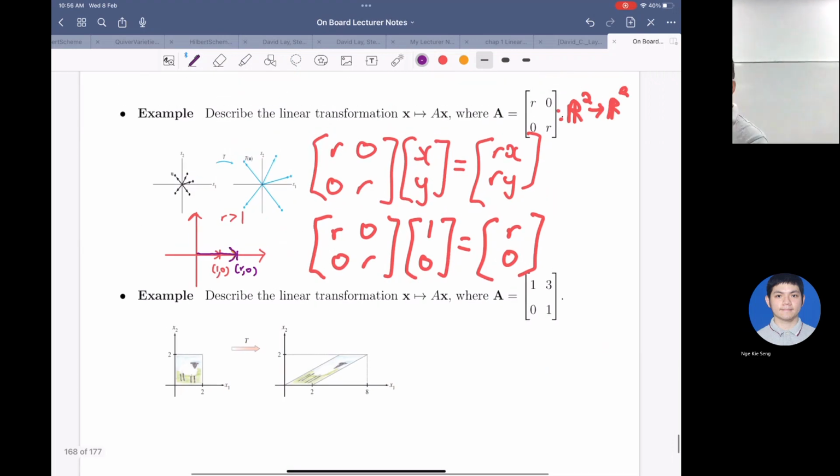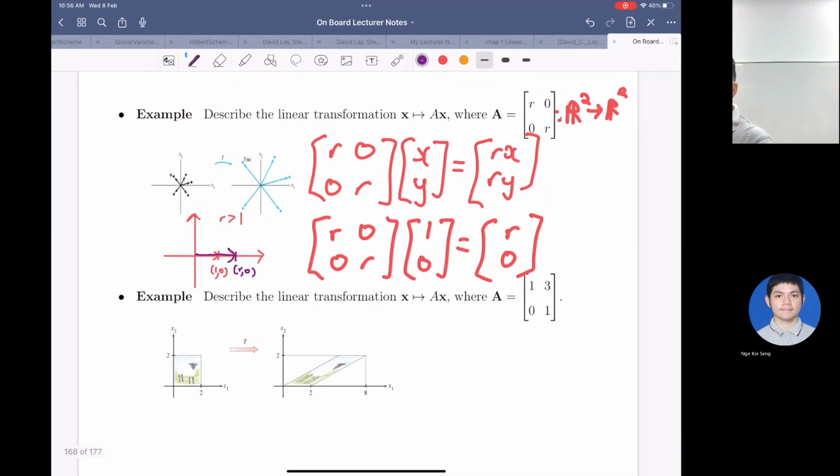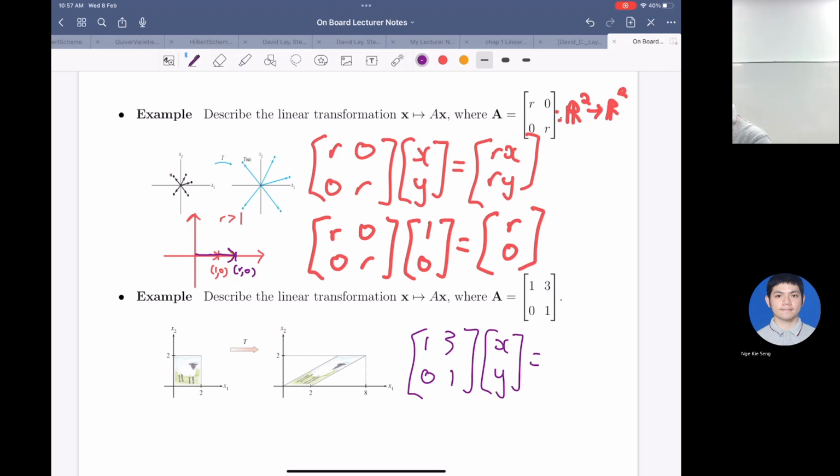Next, how about this one here? You can see that this r bit here is 1, so that means it doesn't change, but it puts a 3 here. Let's see what happens in this calculation. We apply it to a random (x, y), and what we have is x becomes x plus 3y, and y stays as y.